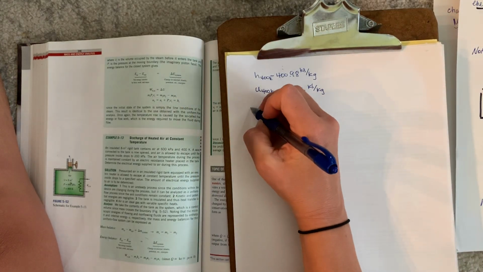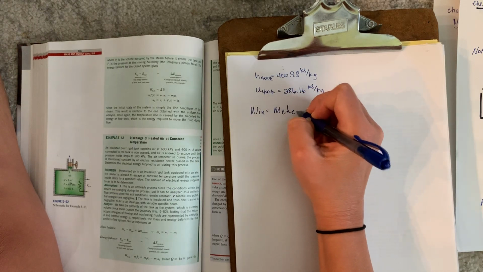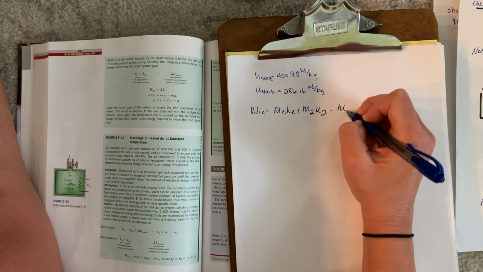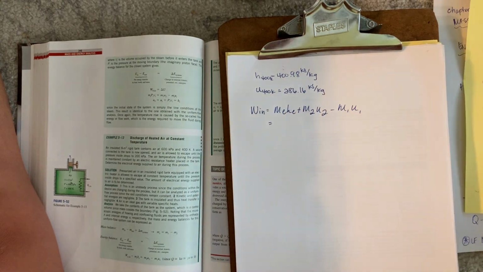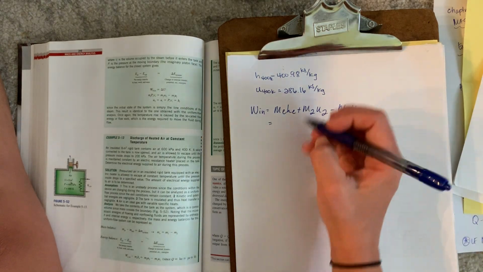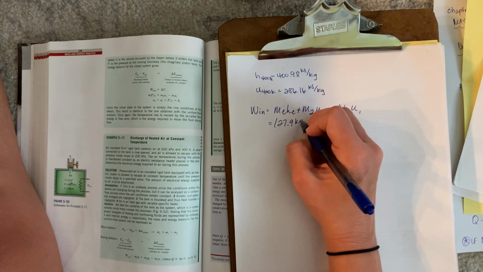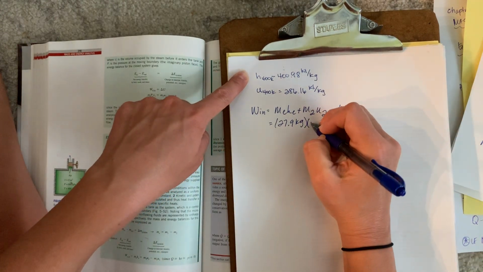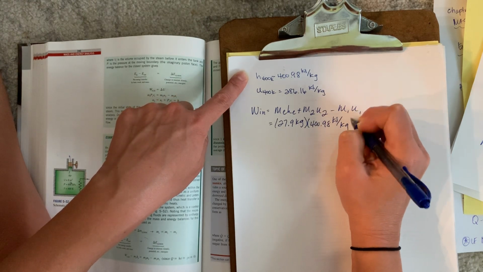We have our equation for our work in: M_e h_e plus M2 U2 minus M1 U1. Our mass at the exit is 27.9 kilograms, after a little bit of a struggle to find that number. Our enthalpy is 400.98 kilojoules per kilogram.